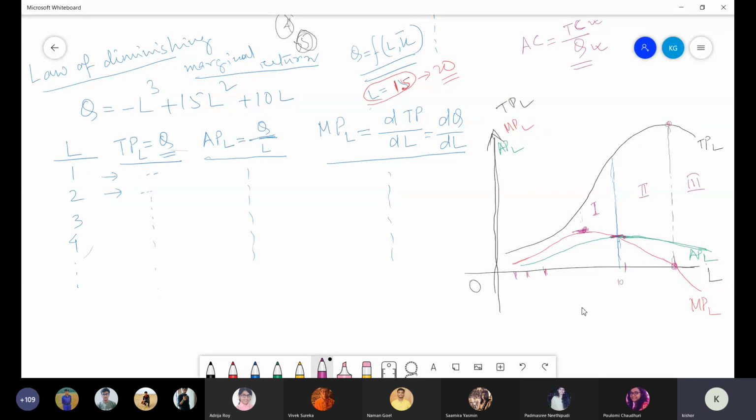Suppose this was your 10 unit of labor, and here suppose it is 11 unit. The moment you use the 11th unit of labor, average product decreases. Then you realize that no, optimal utilization of labor in my production is 10 unit of labor. So to realize that one, you already entered second stage because graph is not in front of you. Equation, in a fraction of a second you can solve it.